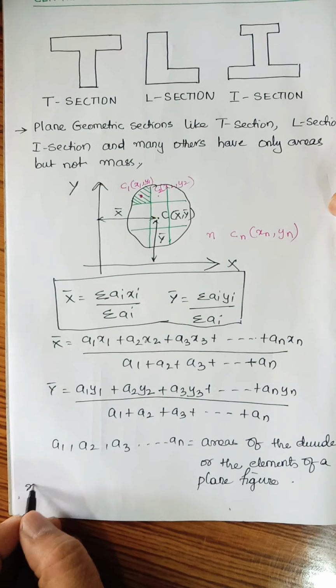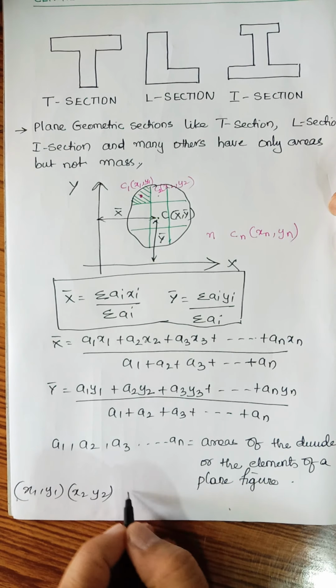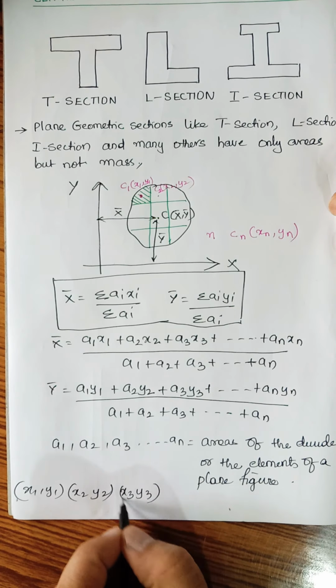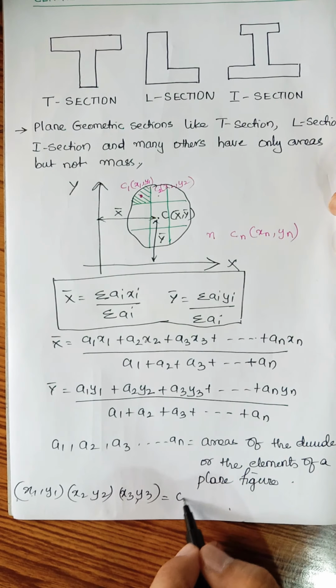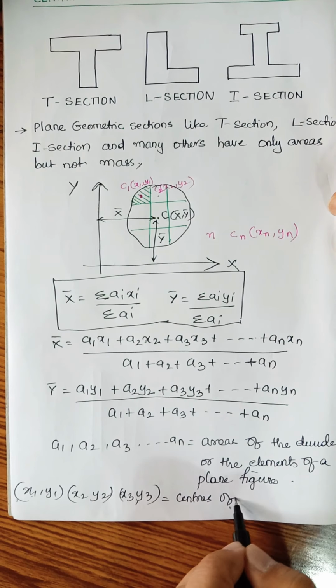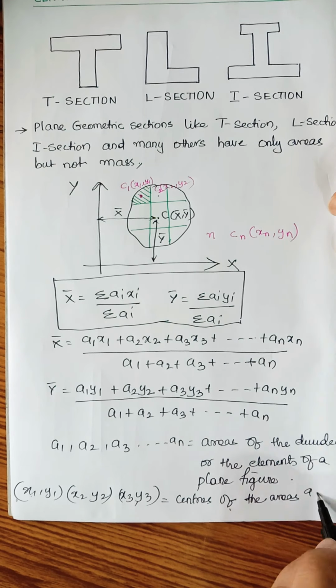And we have x1, y1, x2, y2, x3, y3. All these are nothing but the centers of the areas a1, a2 and so on up to an.